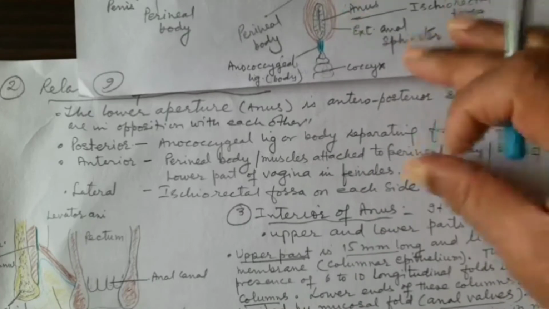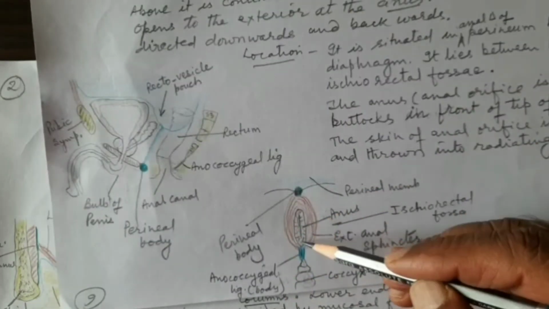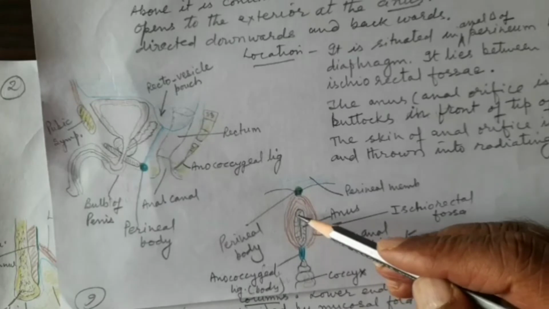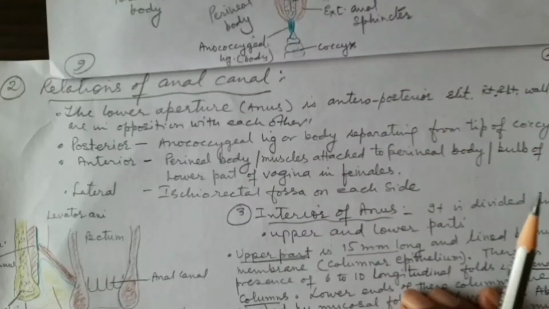The right wall and the left wall of the anal opening are very close, so this is always closed. The anal opening is always closed except during defecation, when it relaxes. So they are in opposition with each other.